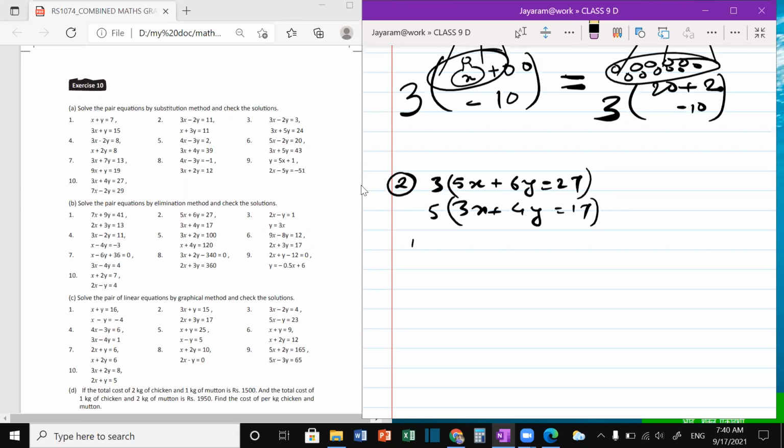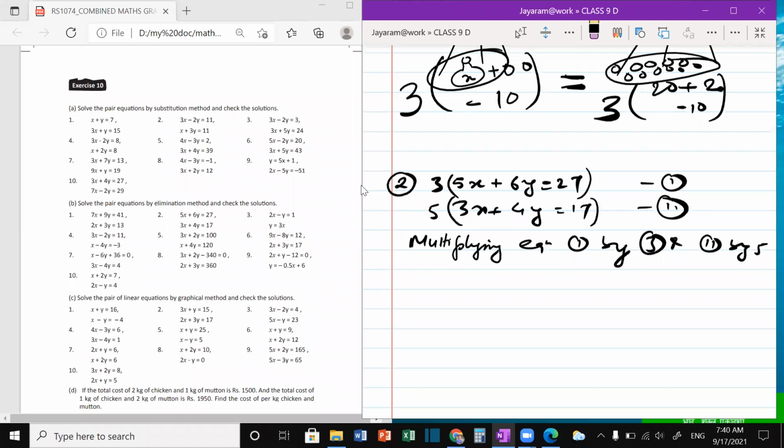Multiply equation 1 by 3 and equation 2 by 5, and subtract equation 2 from 1.